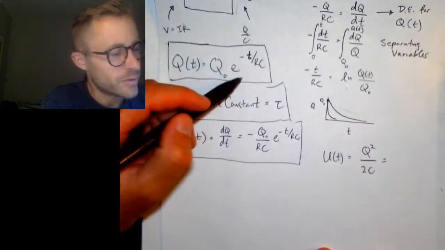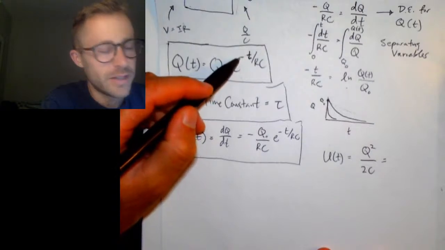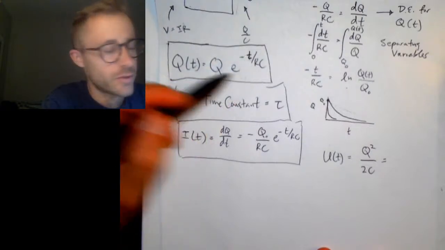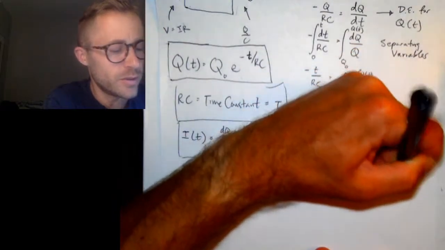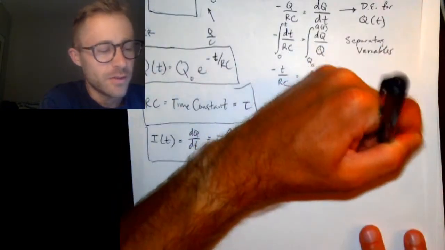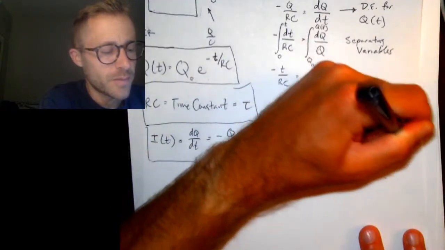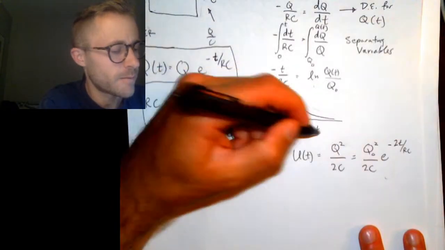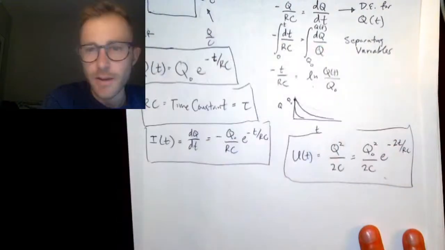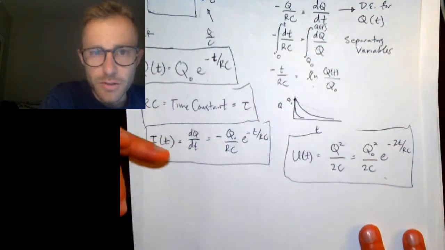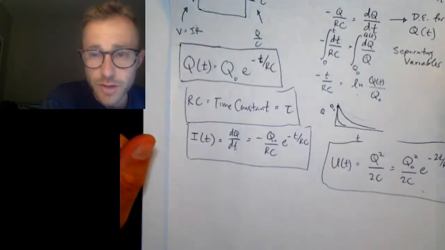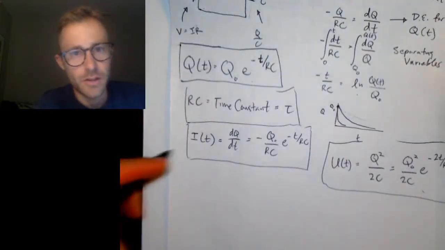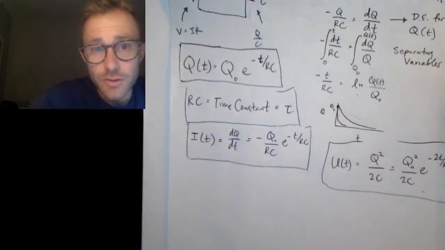Squaring the exponential gives you e to the negative 2t over RC. So you end up getting Q naught squared over 2C e to the negative 2t over RC. Okay? So you can use this basic equation for the charge as a function of time to determine current and energy stored in the capacitor.